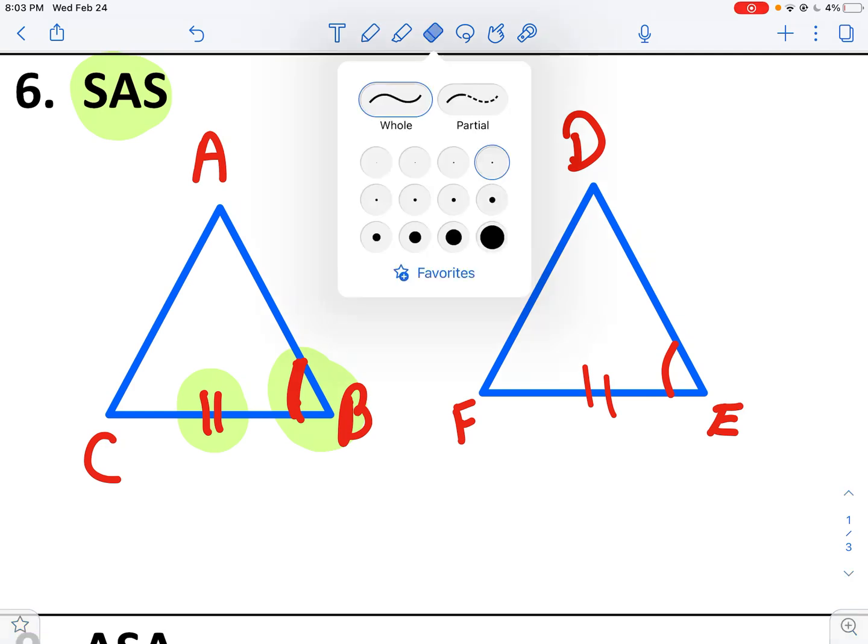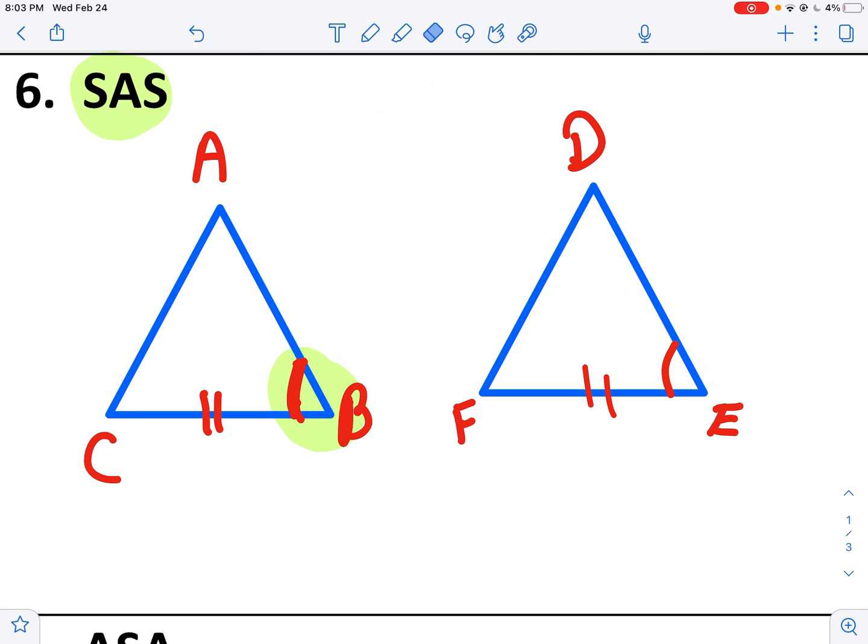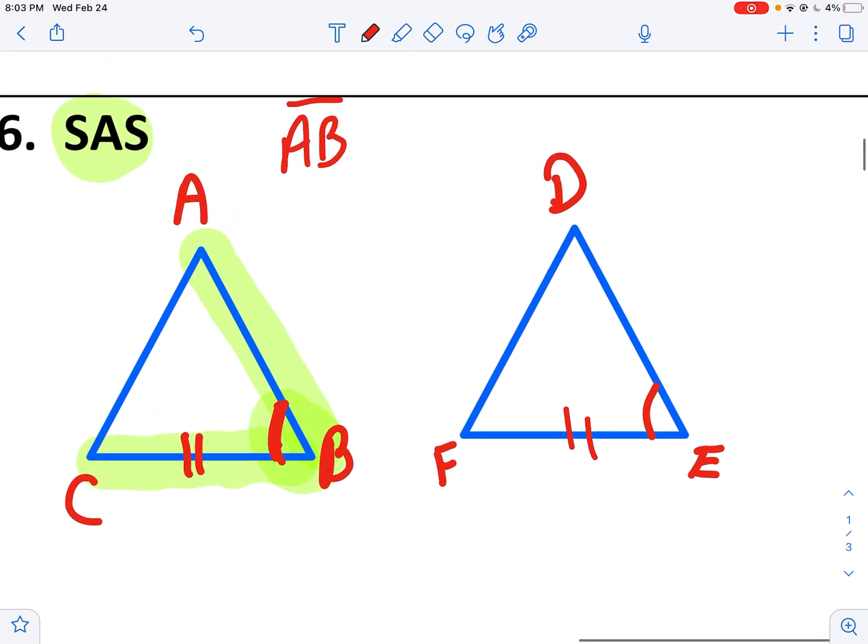So I want the two sides that are surrounding angle B. I have one of them, so I have the one on the bottom. What's the other side that touches or surrounds angle B or makes up angle B? That would be AB. So I want side AB from that triangle on the left.